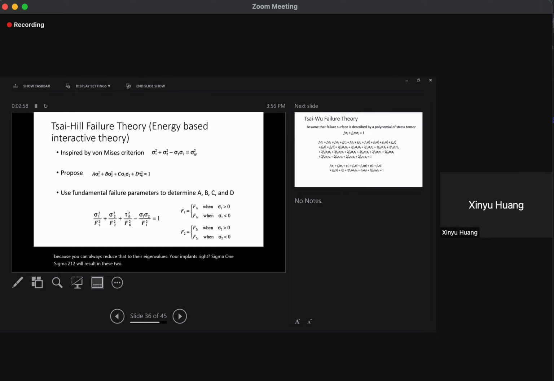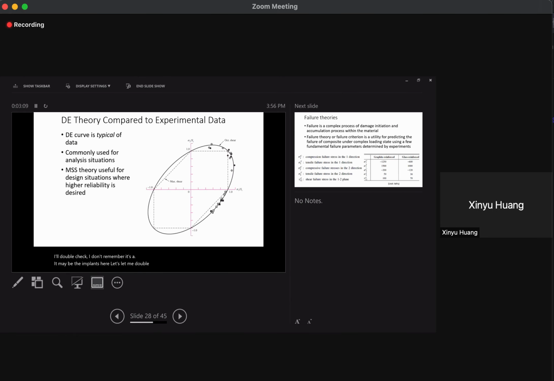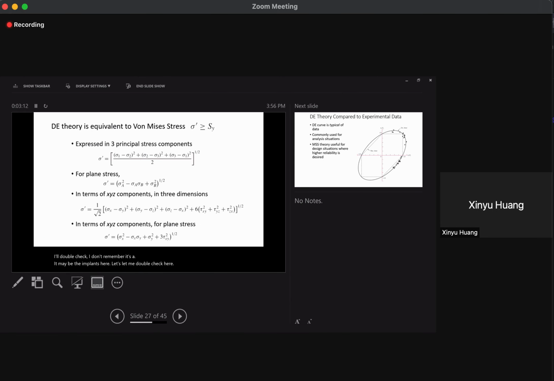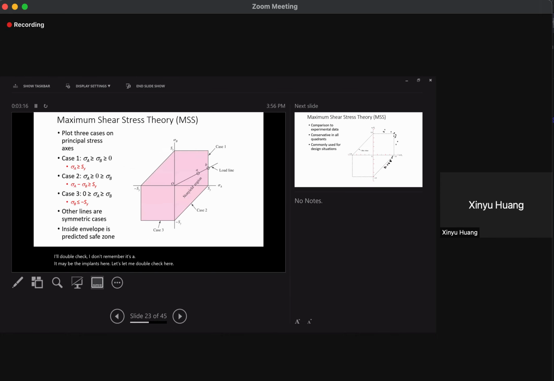I'll double check. I don't remember, it may be the in-plane shear. Let me double check here. Tau 6.